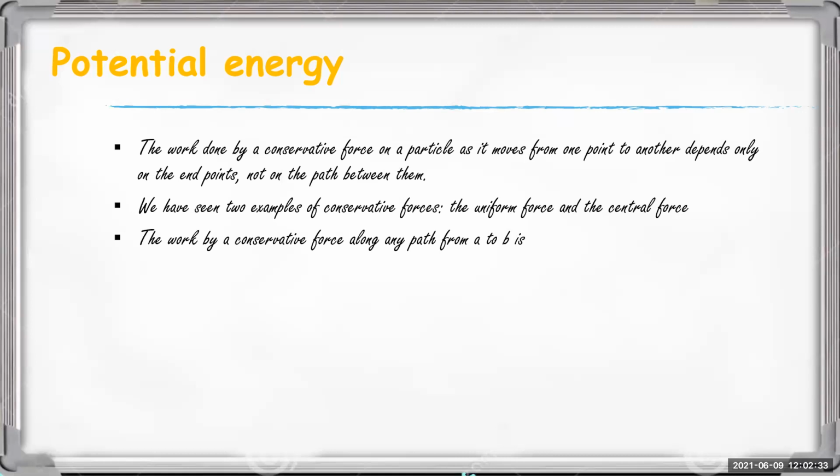The work done by a conservative force along any path from A to B is given by the integral from position RA to RB of F dot dr.